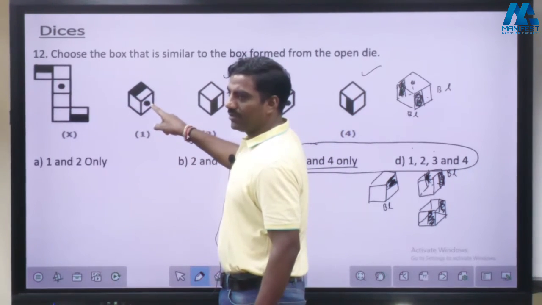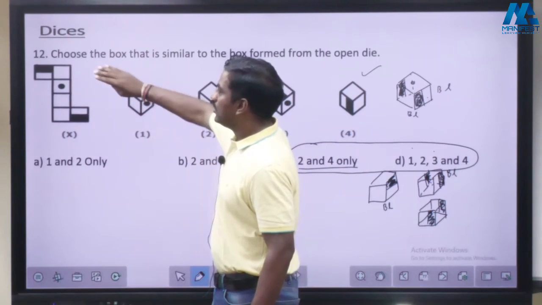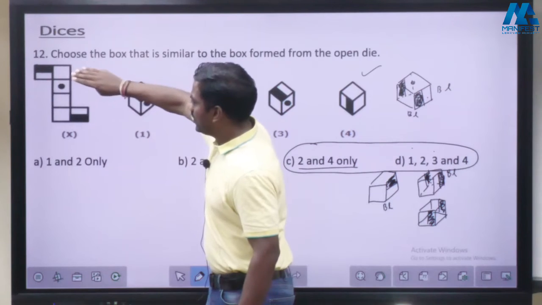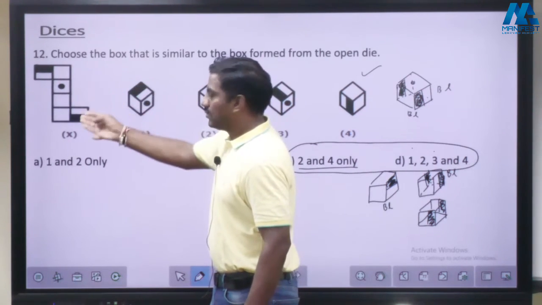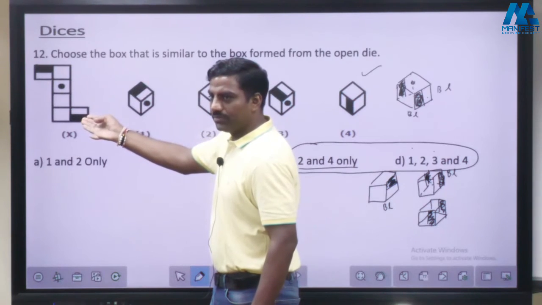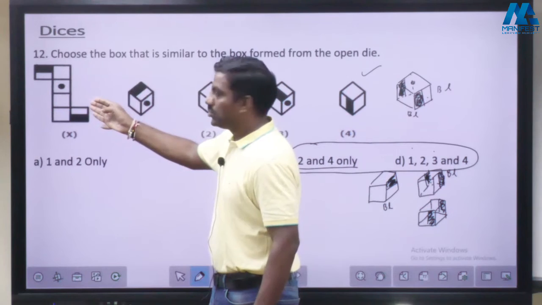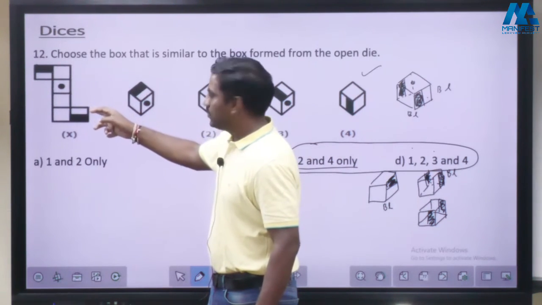Now, you want to bring the dot this way. So you take this strip and fold like this. The dot will come in the bottom. Yes or no? No, the dot will go opposite.